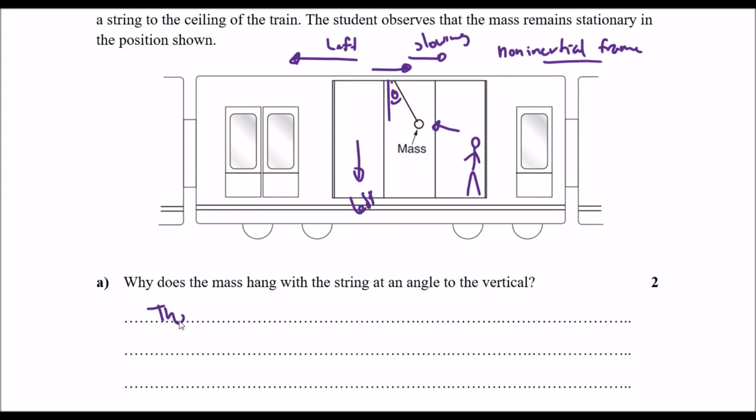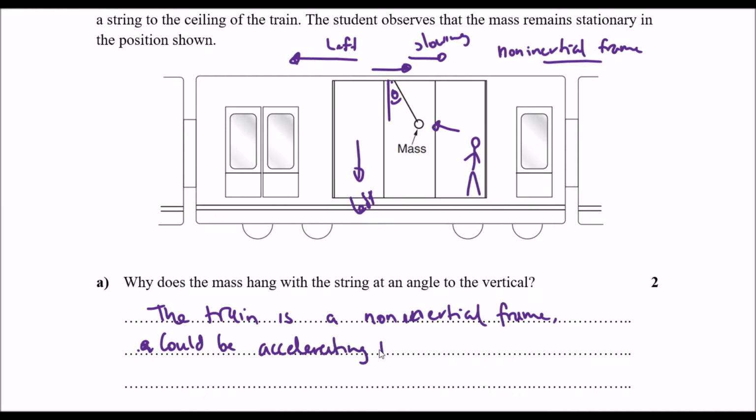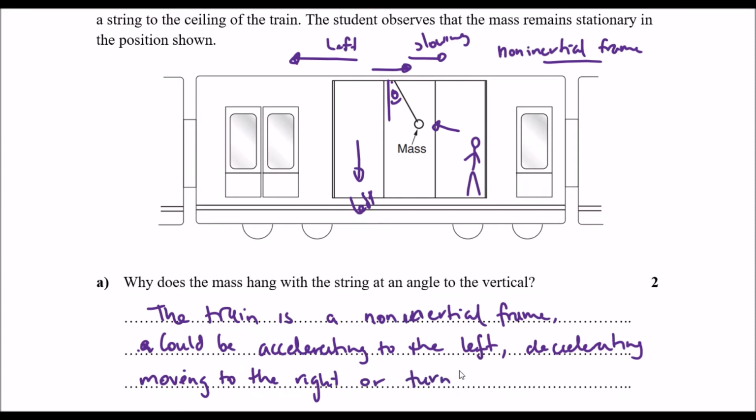So the train is a non-inertial frame. It could be accelerating to the left, decelerating while moving to the right, or turning around a corner.